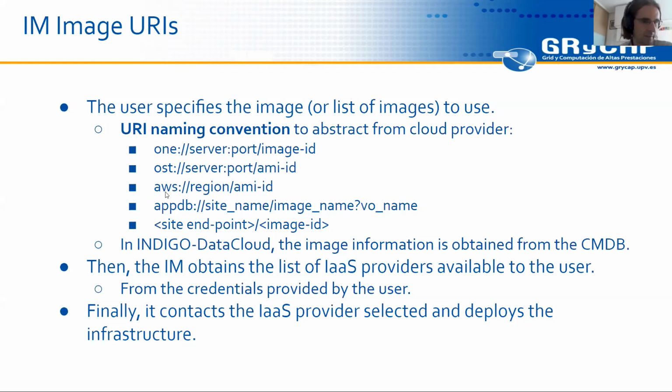In case of AWS, we specify the region and the AMI ID. We have also support for AppDB. In this case, we use this naming convention: we put the site name, the image name, and the VO we want to use. Then in the demo, I will show some examples.